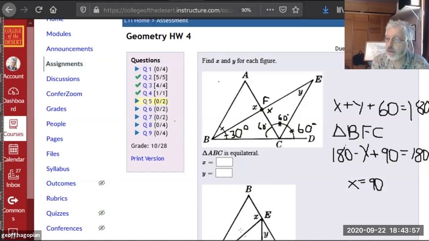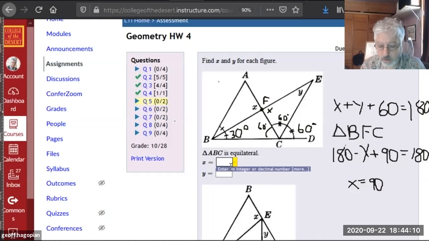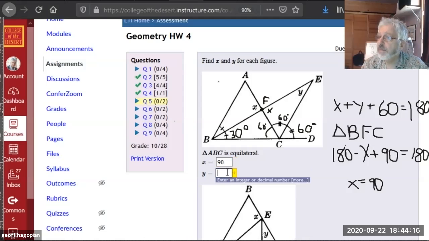Oh yeah, okay, fair enough, yep. So maybe I took the long way around, right? You're quite right. So somehow or another, that's good logic. Nice work, Maria. So 90 for X, did we say? And 30 for Y.